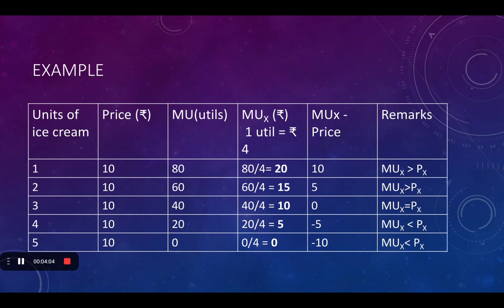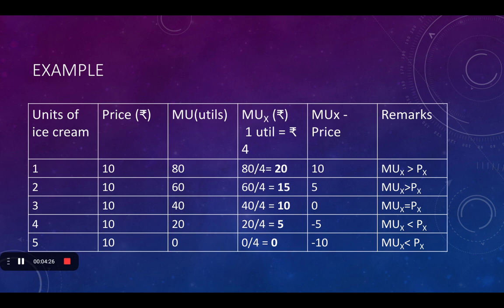On second unit of consumption of ice cream, the price remaining constant, due to application of law of DMU, our marginal utility will fall from 80 to say 60 utils. Then the marginal utility in terms of money will be 15 rupees.